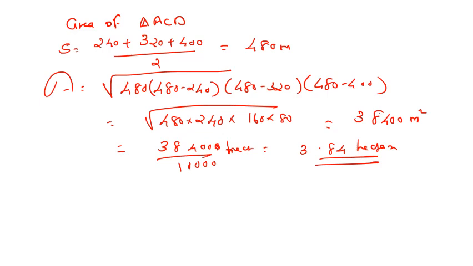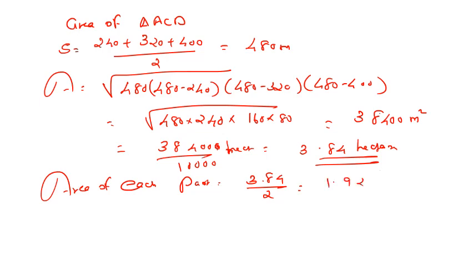So what is area of each part? Area of each part is equal to 3.84 by 2. What is 3.84 by 2? 1.92 hectares.